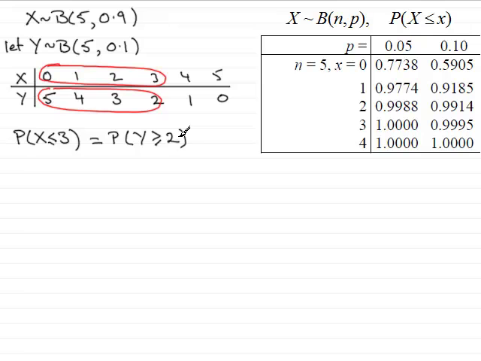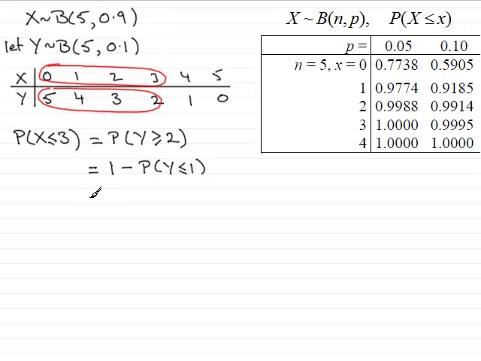Now, I can't use these tables yet because these tables only give the probability of being less than or equal to an observed value. But as I discussed in the earlier tutorial on using the tables, for the probability of y being greater than or equal to 2, we know that all the probabilities would total 1, and all I need to do is subtract the probability that y is less than or equal to 1. I just need to work out these probabilities, subtract them from 1, and I've got these ones here.